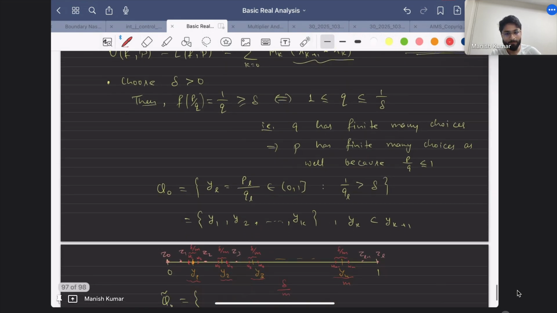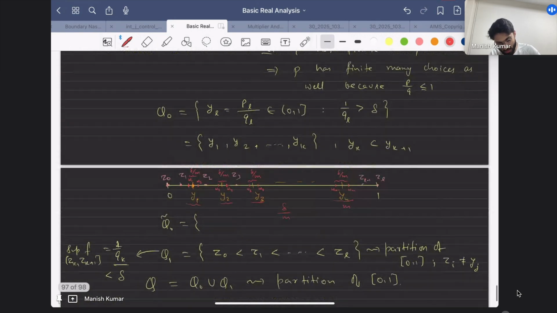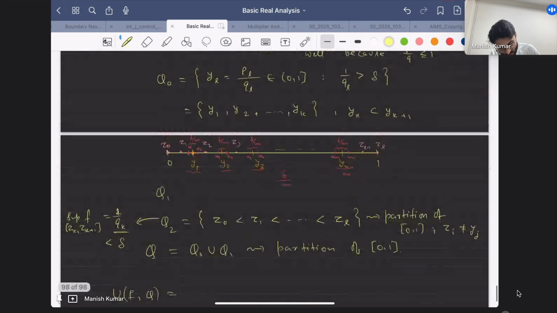Okay, so now I can write this q. Let's say this is q1 and this is q2. So these are partitions. q1 I'm defining as w1 less than w2 up to wm. These are the points.